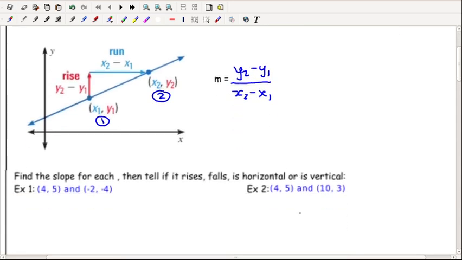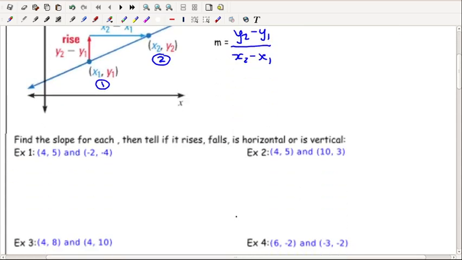All right, let's take a look at a few examples. Find the slope for each, then tell if it rises, falls, is horizontal, or is vertical. So example number 1 gives us the point (4, 5) and the point (-2, -4). So I know my equation again is y2 minus y1 over x2 minus x1.